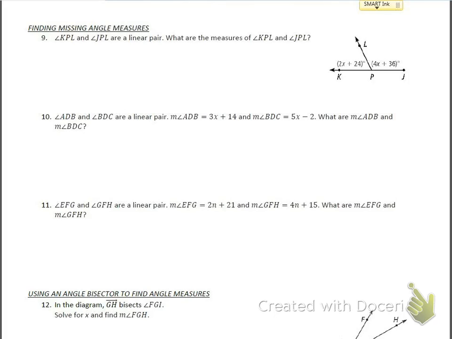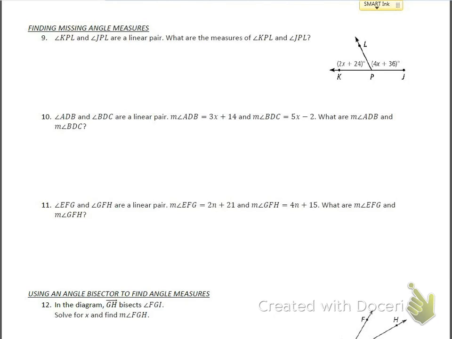So if it says that angle ADB and BCD are a linear pair, what I would recommend is drawing them next to each other and then using that to help you figure out what goes where. However, if you are comfortable enough with a linear pair, means that they are also supplementary, you can go straight into the math without drawing the picture. Okay?